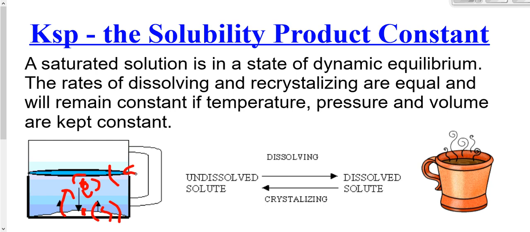And now he'll be in the aqueous form. Now eventually we've got so many little sugar molecules up there that some of them will start to come back down to be a solid again. So we have this equilibrium situation happening, where every time one molecule goes up from solid to aqueous, another one goes back down from aqueous to solid.